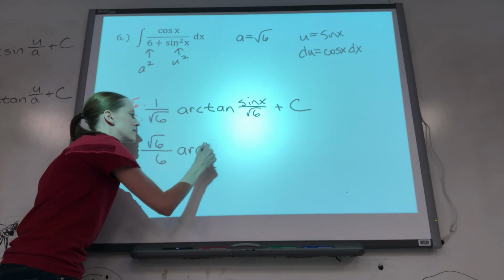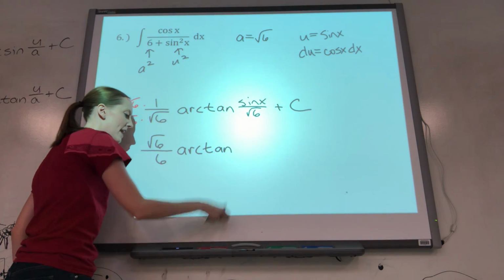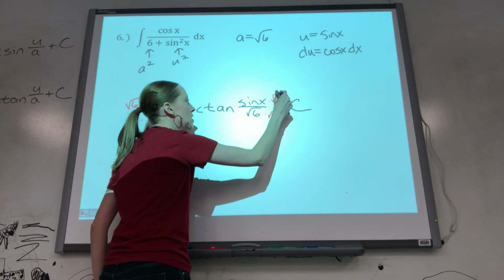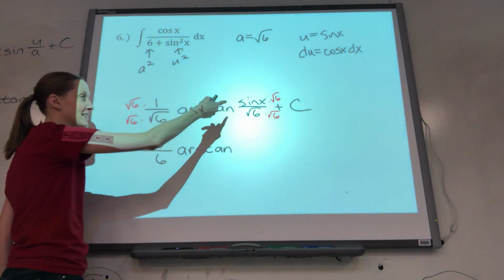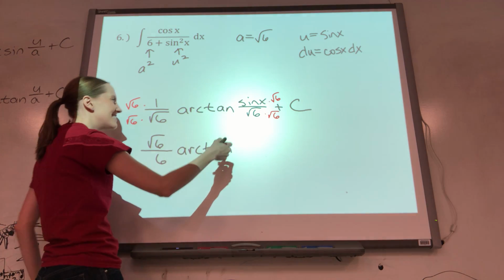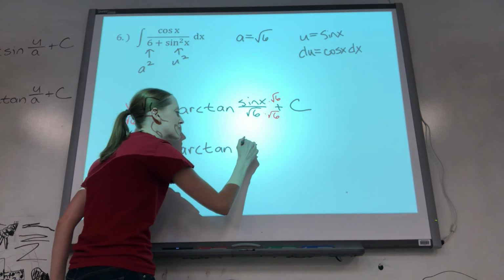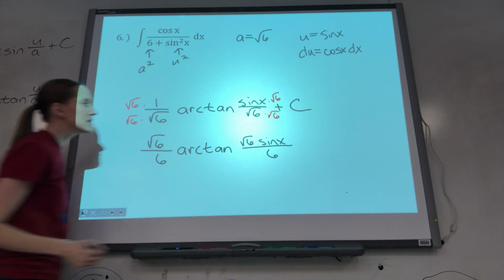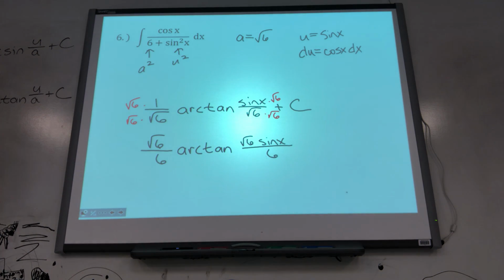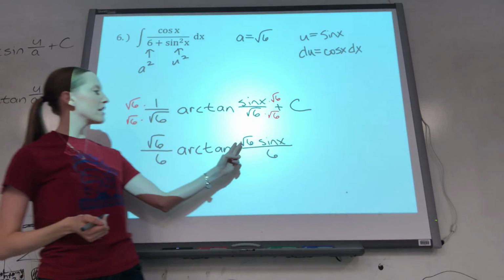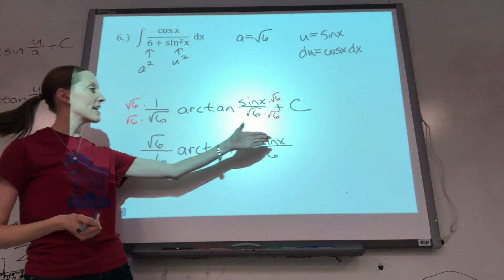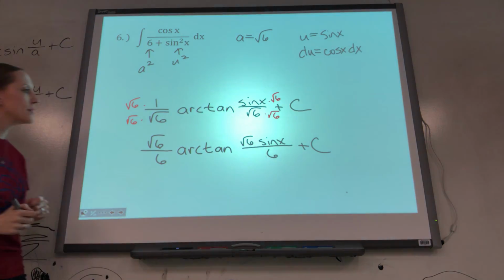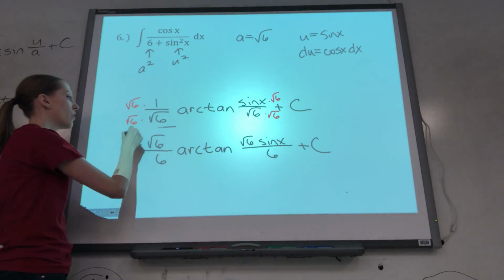And even though this is kind of weird right here with the sine on top, you can still rationalize that. And I don't know, I would maybe just put the square root of 6 in front of the sine of x. You wouldn't really have to do it that way, but I'm afraid if I put it in the back, it'll look like it's with the sine of x. So it'll just kind of be separate there, and then there's the plus C.